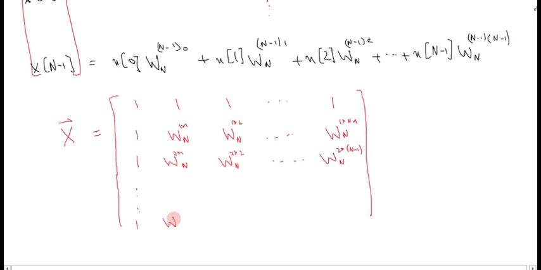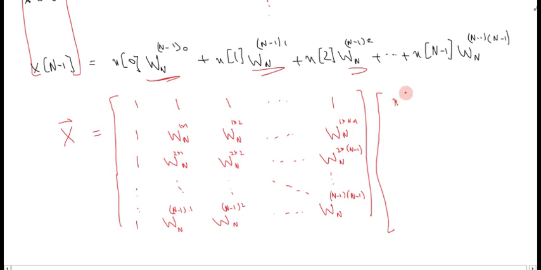It is 1, wn, sorry, this one, wn raised to power n minus 1 into 1, wn raised to power n minus 1 into 2, this term, up to wn raised to power n minus 1 into n minus 1, into x of 0, x of 1, x of 2, x of n minus 1.